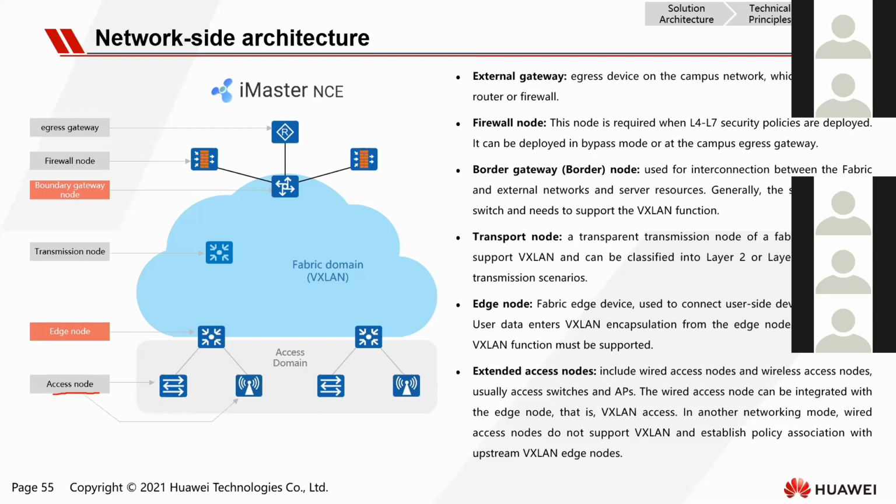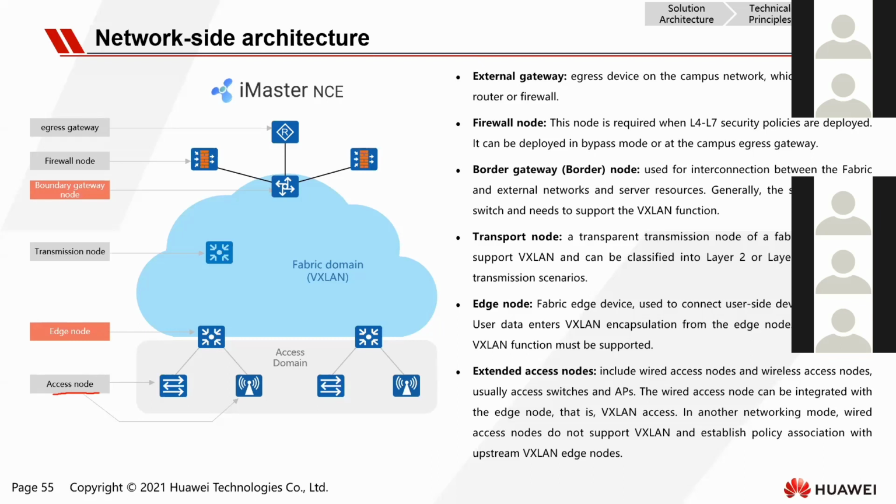Normally, when we talk about the transmission node, the spine is most of the time the transmission node because it doesn't create any VXLAN tunnel, but it is the data path. For example, if data is sent from TOR1 to TOR2, like access switch 1 to access switch 2, the actual VXLAN tunnel will be created between the access switches, but the data path will be the spine.